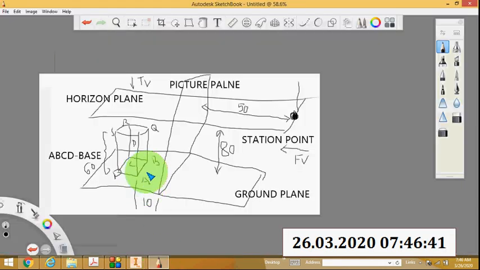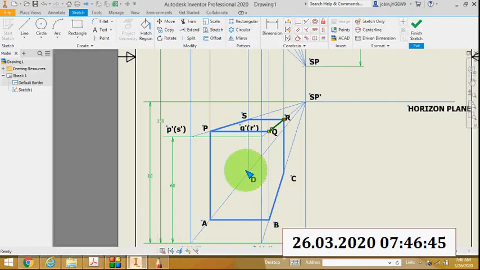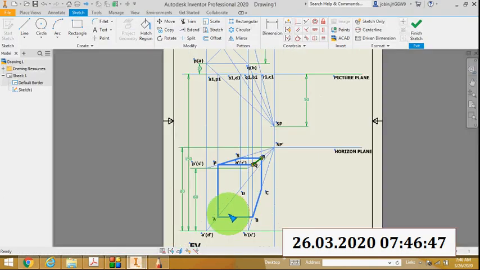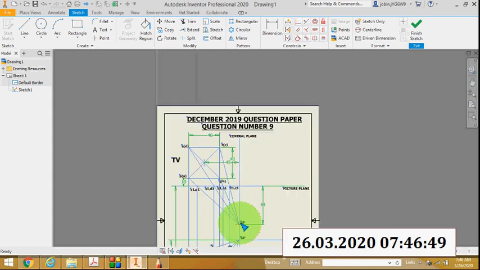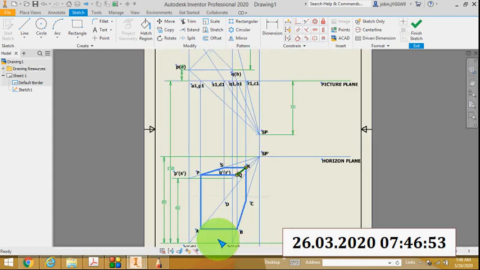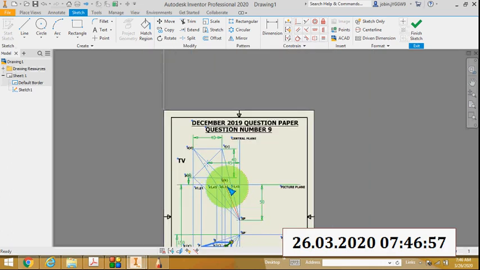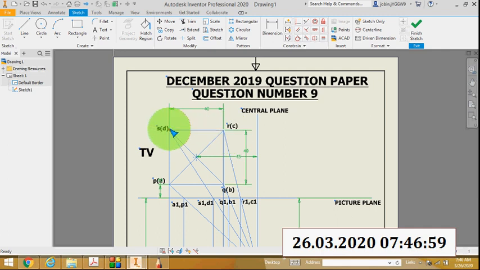Then the bottom face, that is ABCD. So check ABCD. CD and AD are incomplete. Look from this SP. CD and AD are on the opposite side to this viewing point.